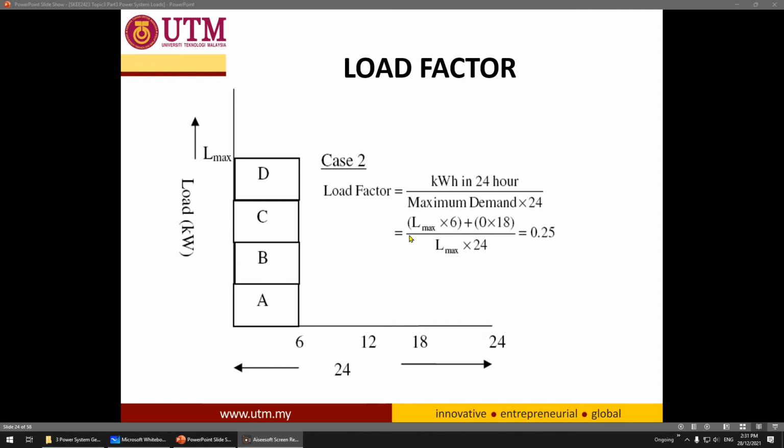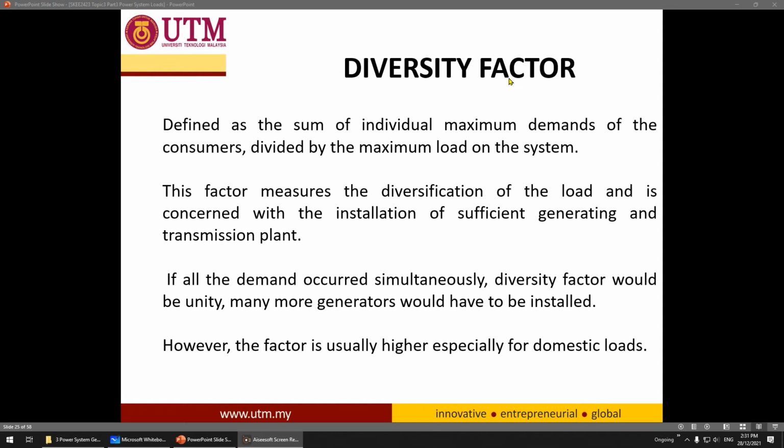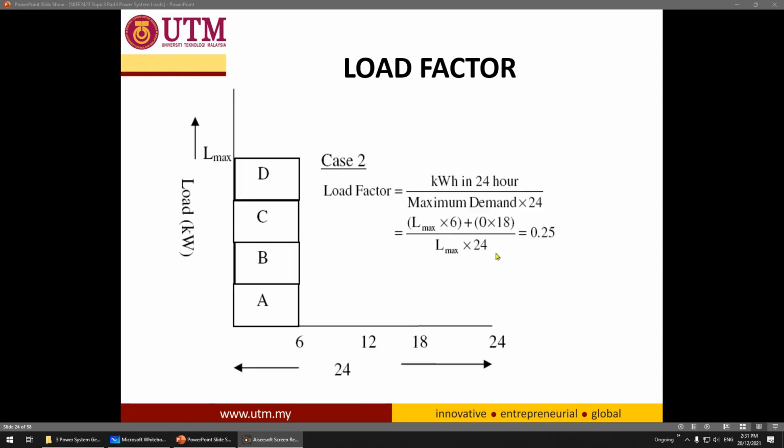Since this is the energy, you have to divide by 24 to get the average, and then divide by the highest value, the maximum demand. You get 0.25, which is very bad. That's it for load factor.